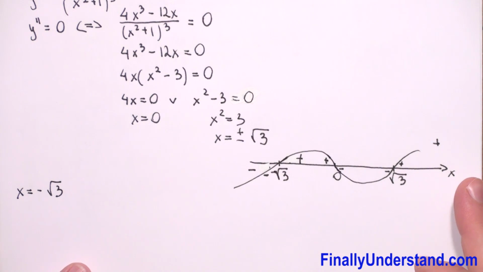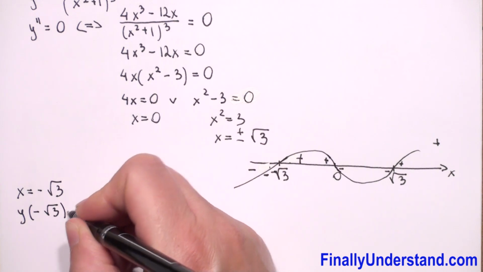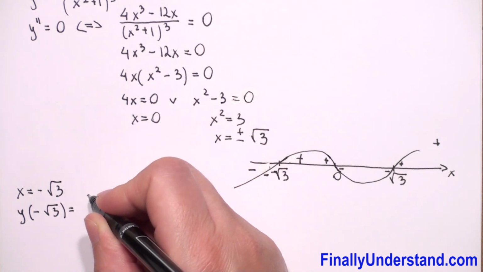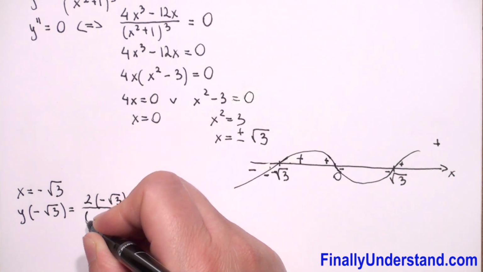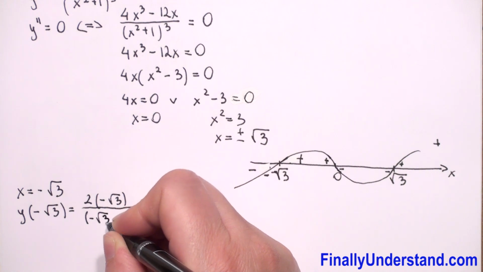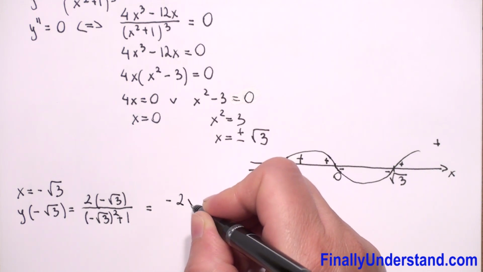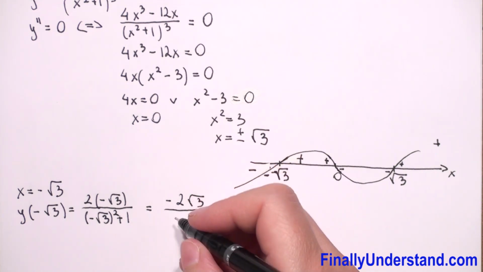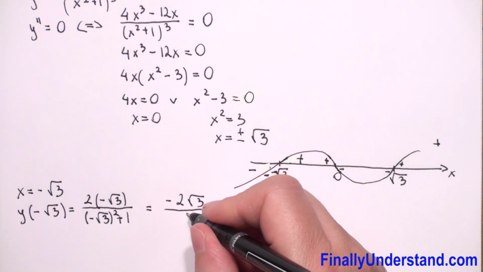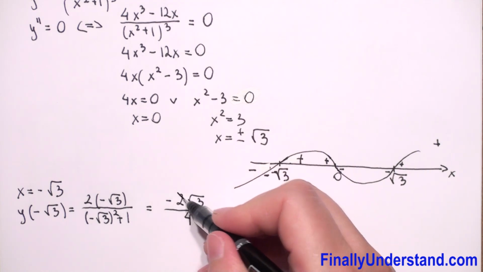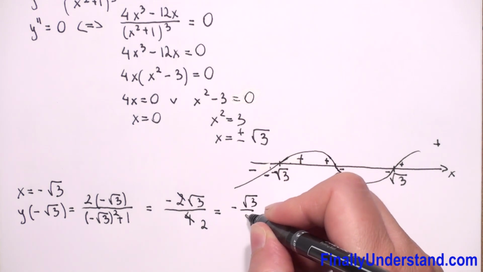So y of negative square root of 3 is equal 2 times negative square root of 3 over negative square root of 3 to second power plus 1. So this is equal negative 2 square root of 3 over negative square root of 3 to second power is 3 plus 1 is 4. So this is equal 2 and 4 we can reduce. So we have negative square root of 3 over 2.